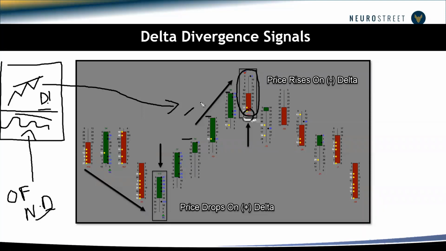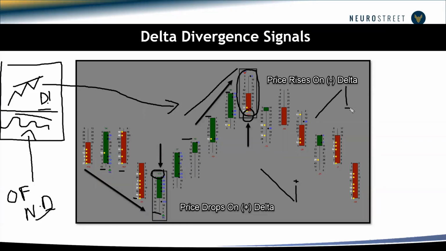So prices were able to go higher, but on negative delta, and reverse. Prices going lower, lower, lower low, price reversed on positive delta. That means as prices were going lower, we reversed on positive delta. As prices were going higher, we reversed on negative delta. That is what we call delta divergence.